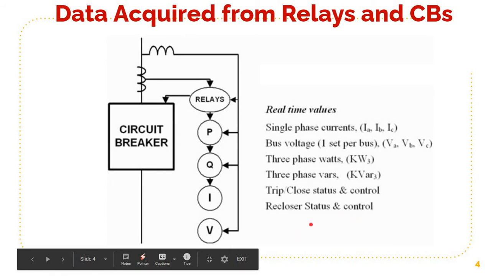So these are the data acquired by relays in any protection system.